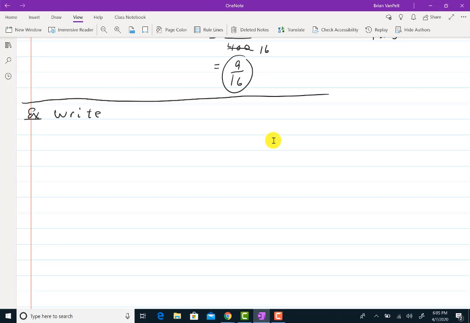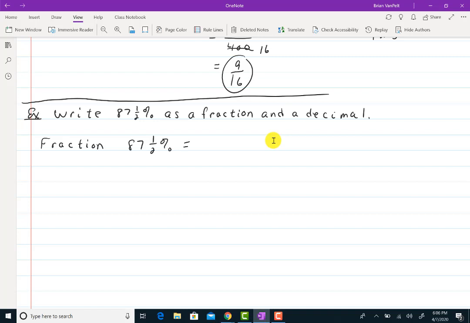Let's write 87.5% as a fraction and a decimal. So I think writing it as a fraction is probably the easiest thing to do, because it's already in a fraction format.